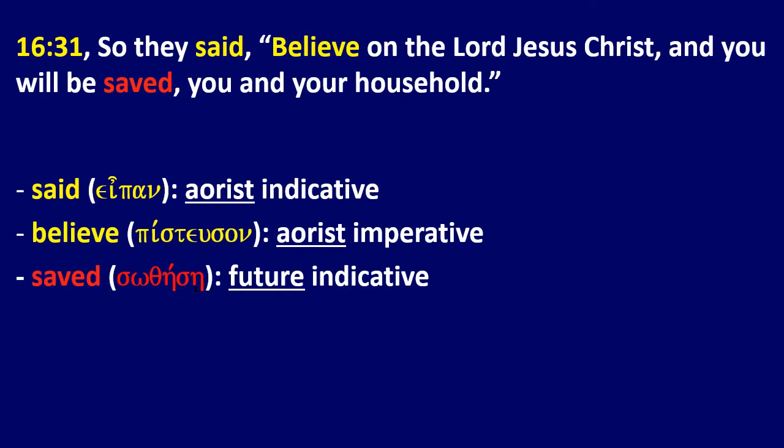Verse 31, so they said, believe on the Lord Jesus Christ and you will be saved, you and your household. Now, you might say, well, I thought the aorist was used for something that was background information. And here, it seems to be a major point that he says, believe on the Lord Jesus Christ and you will be saved.